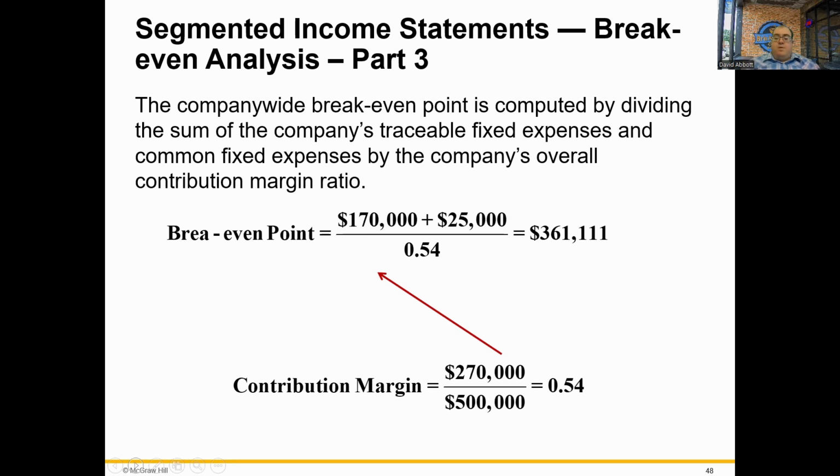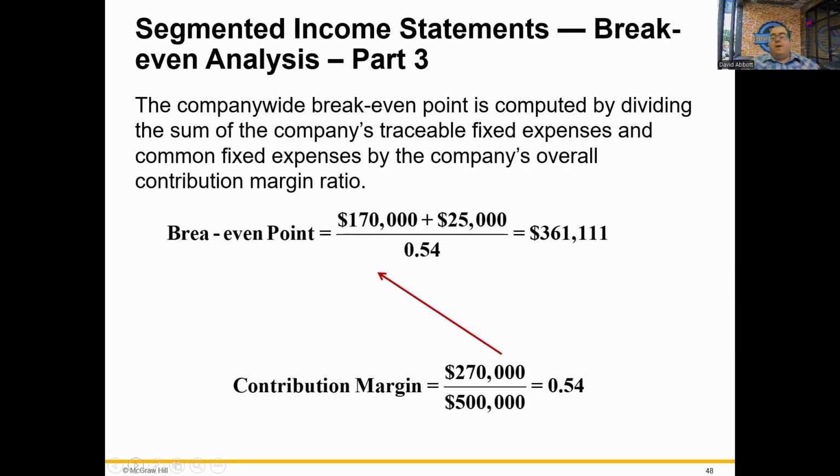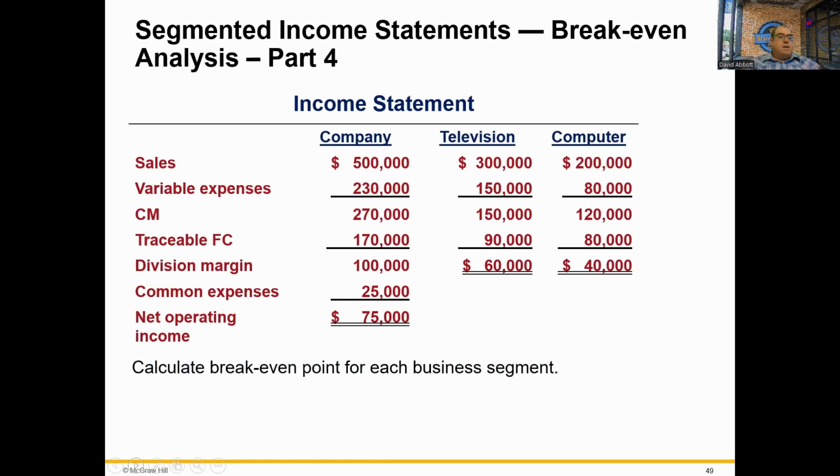And you get the contribution margin by taking the amount 270, which is the contribution margin, dividing by sales, gets you 0.54. The overall for the company break-even point would be 361,111.